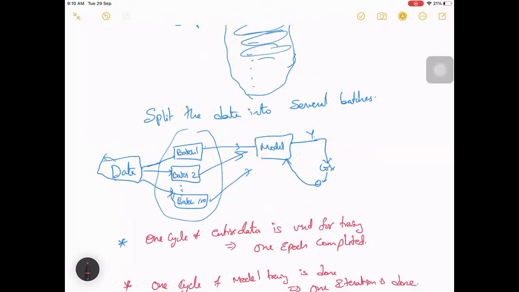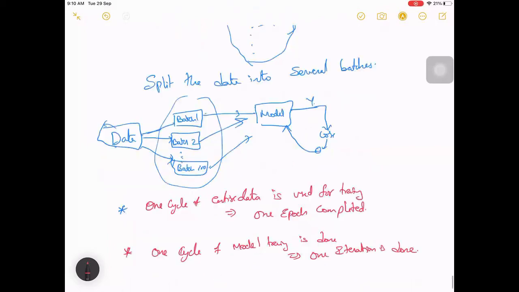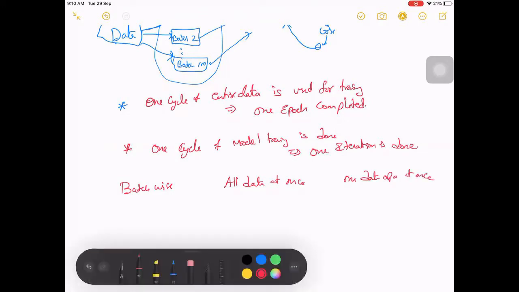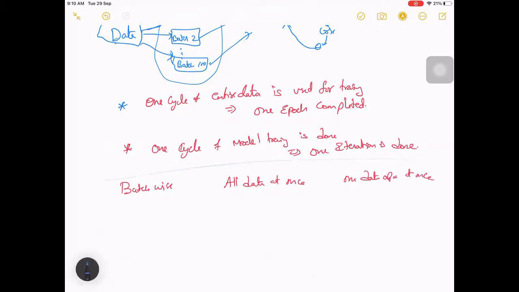So here, let me write all the three here. Batch wise, all data at once, and then one data point at once. These are the three we are discussing right now. So let me go with this.